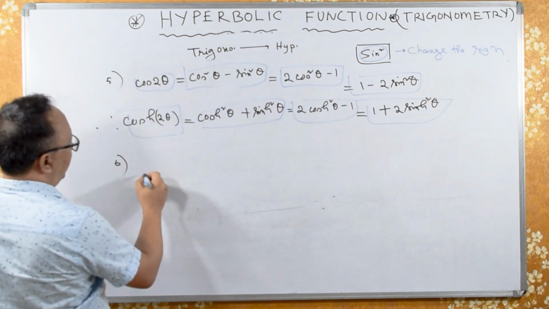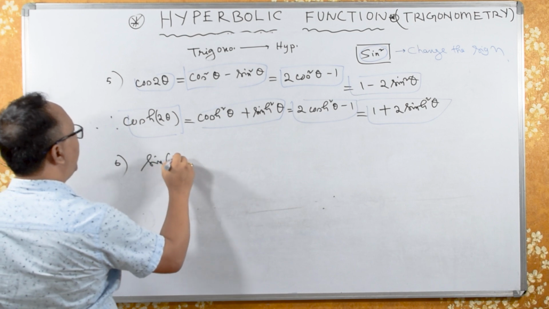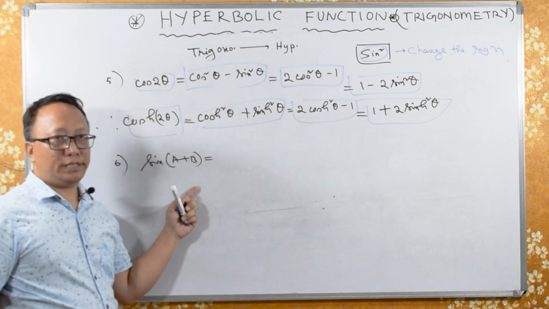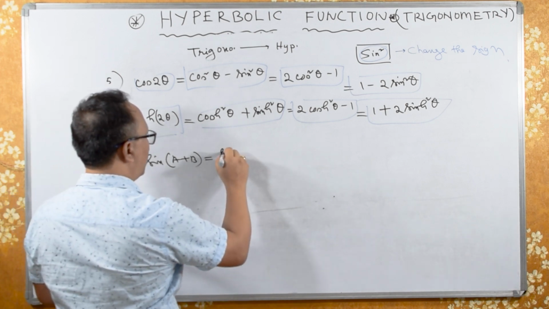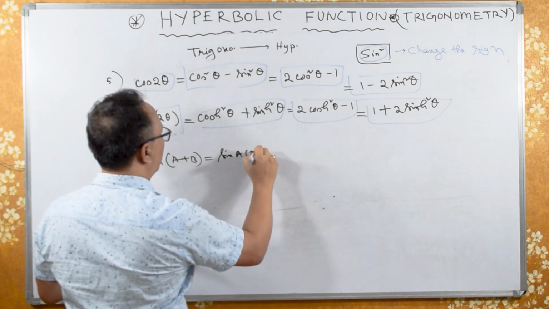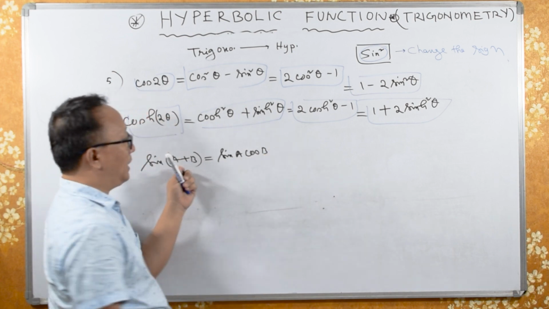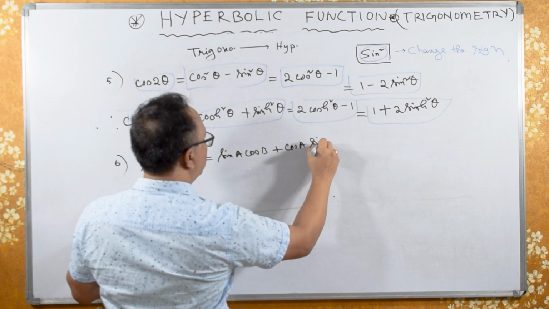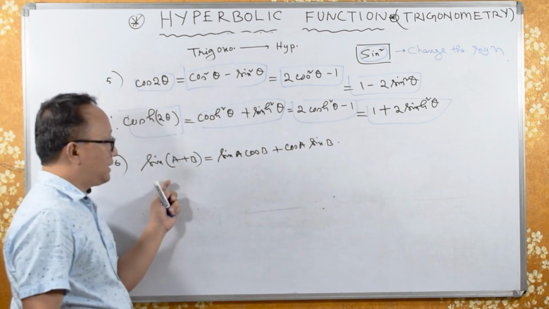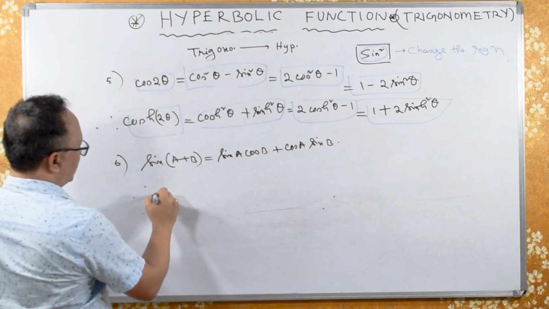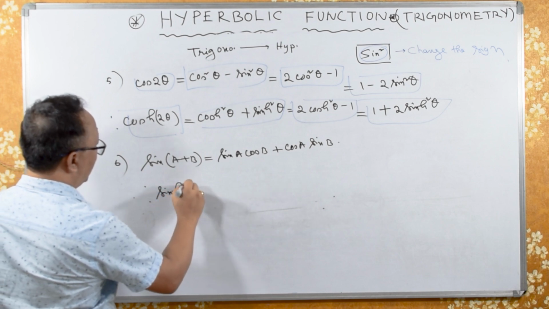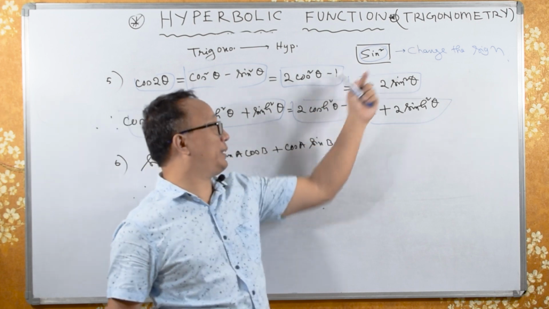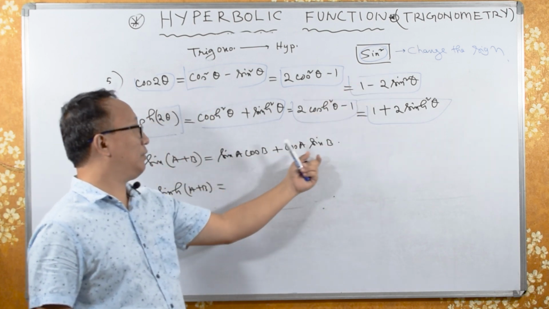Now another form we have is sine of a plus b. The formula is sine a cos b plus cos a sine b. Similarly, sine hyperbolic a plus b will be the same. Here we don't have sine square, here all cosine.